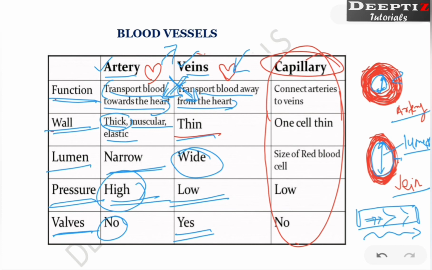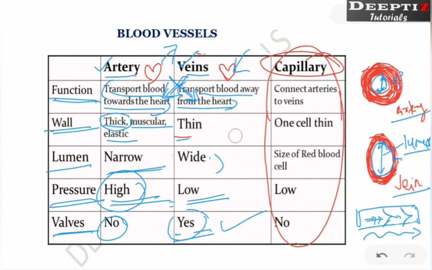When the blood comes, immediately these door-like structures open for a moment, and once the blood passes, these doors are immediately closed. What is the need of these valves? These valves prevent backward flow of the blood, so that blood will flow only in one direction. Where are such valves present? These valves are present in the case of veins.